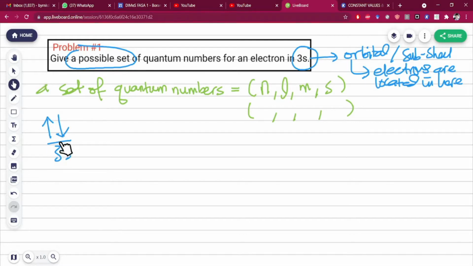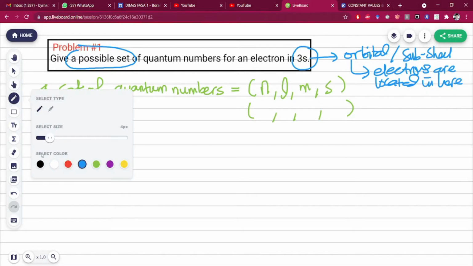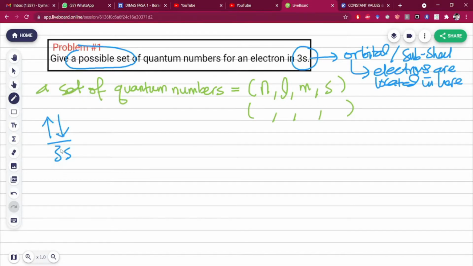So inside this 3s subshell, you can have an electron that is spin up over here and spin down there. So you have two electrons inside the s orbital. We're just going to give one of them. First of all, the n value is obvious, it is right over here.